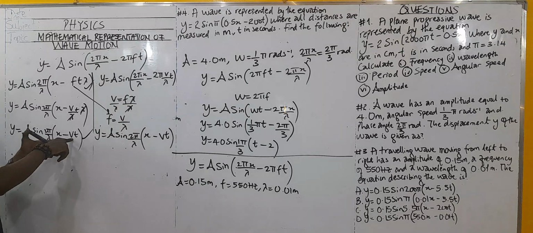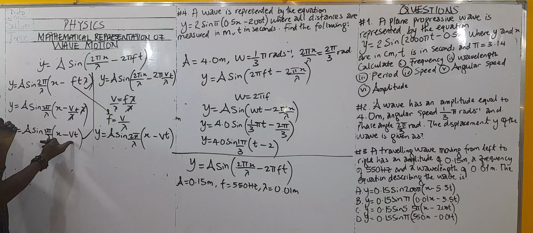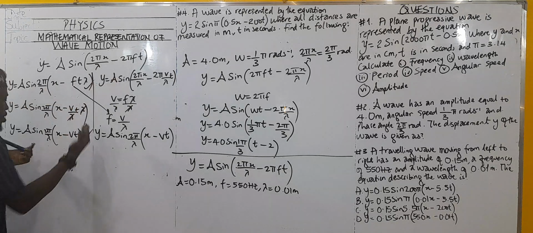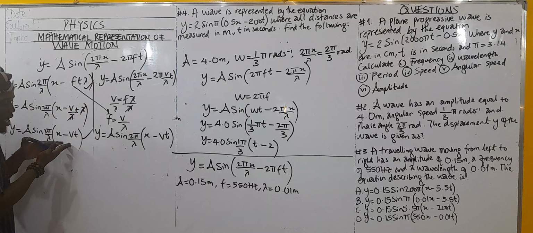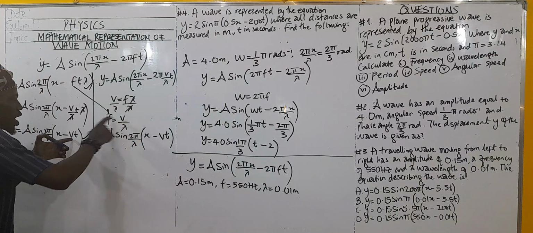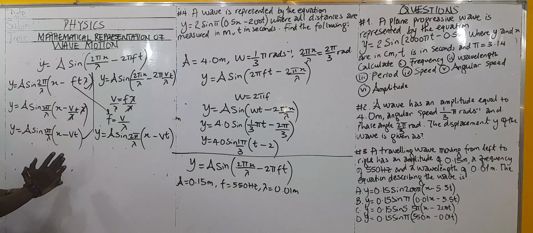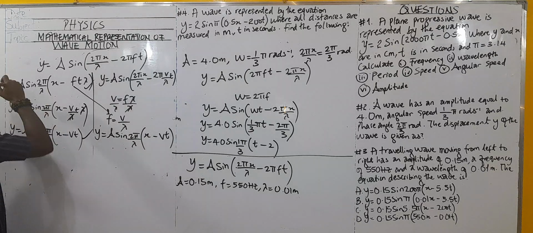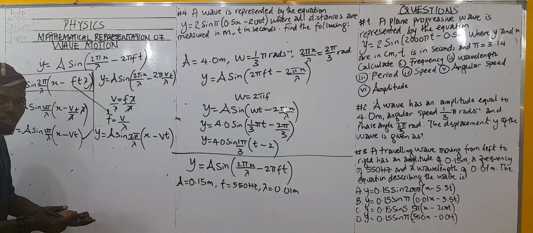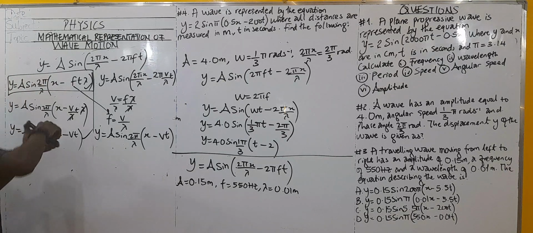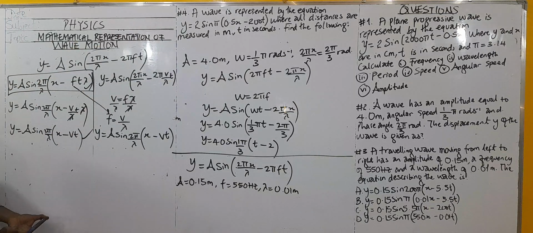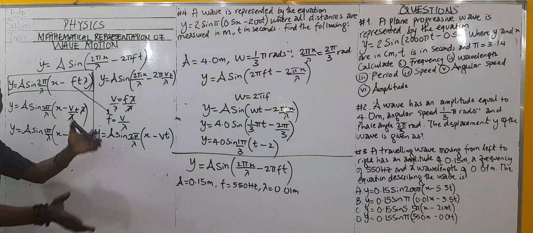Now we don't have speed. Some of you might memorize this and keep it in your brain. Me, I prefer keeping this. Some people can decide to choose this. And we are seeing that there is no speed here. You can relate it back to having your frequency. So the best formula to use is this. These two can be written as the mathematical representation of wave motion. These two are proven.